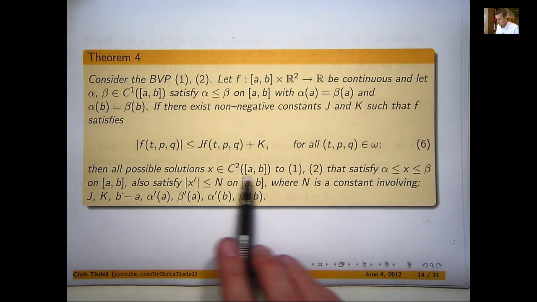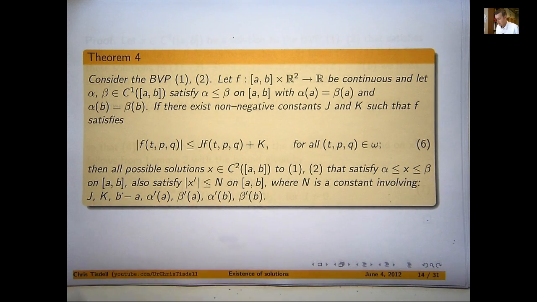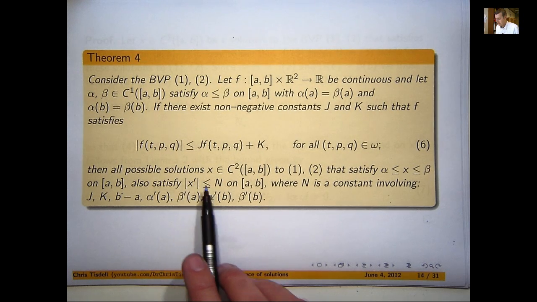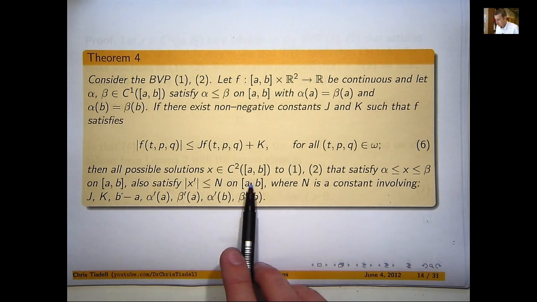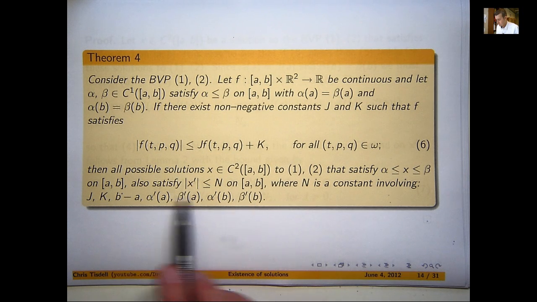all possible solutions to our boundary value problem that satisfy, or basically that stay between alpha and beta on this interval, also have a derivative that satisfies this a priori bound, where N is a constant involving all of these values here. So what does that say?